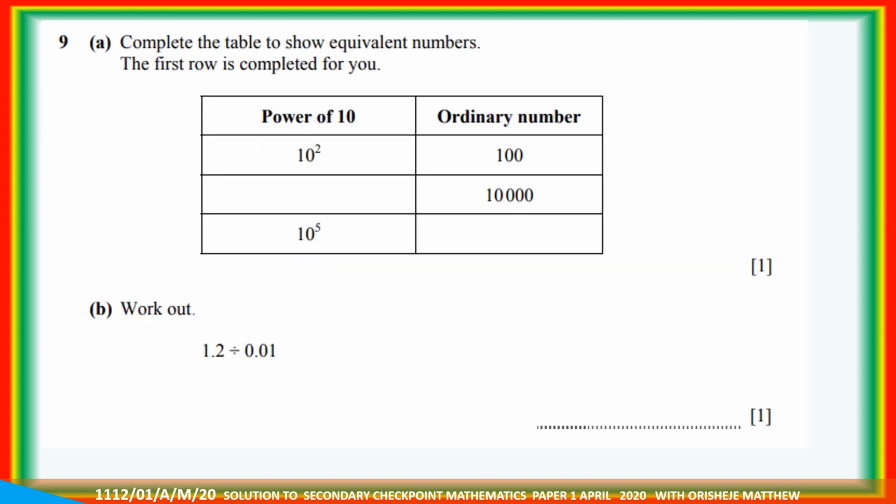Question 9 now. Complete the table to show equivalent numbers. The first row is completed for you. So on the left hand side we have powers of 10, and on the right hand side we have the ordinary number.